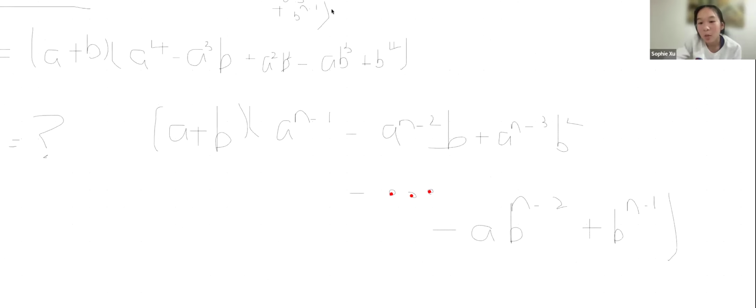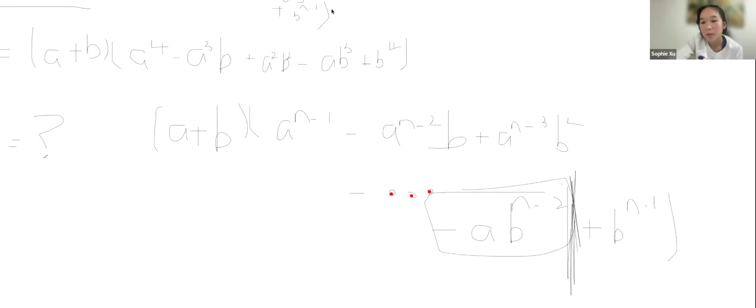Okay. Well, when n is even, there's going to be an odd number of terms up to here, right? That means this one is going to have to be a plus, because each odd term is a plus and each even term is a minus.